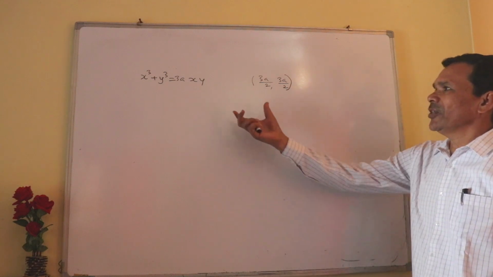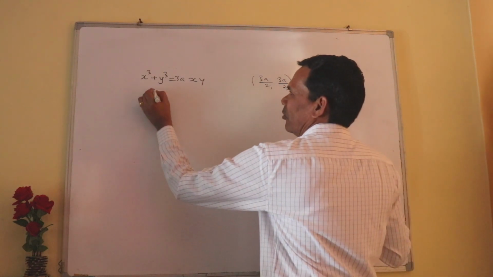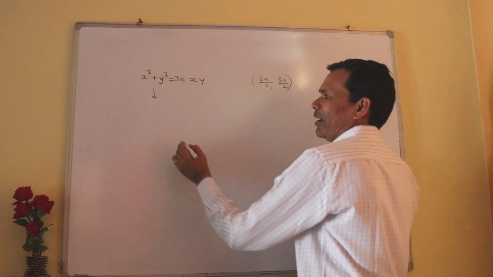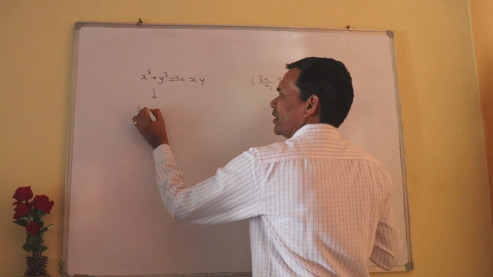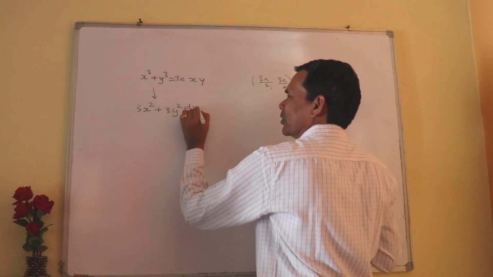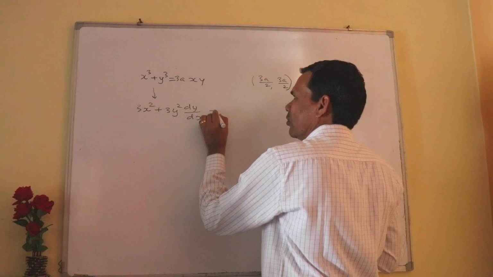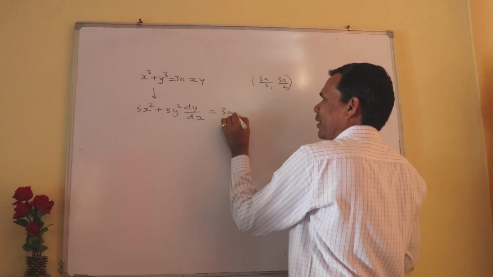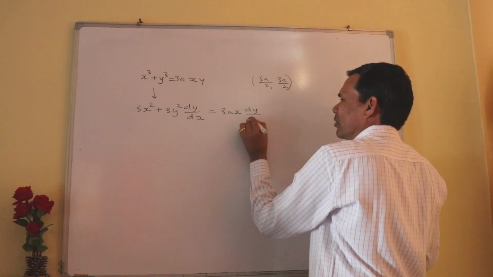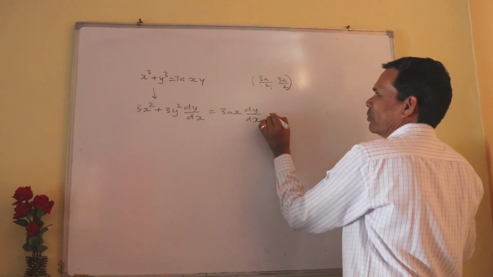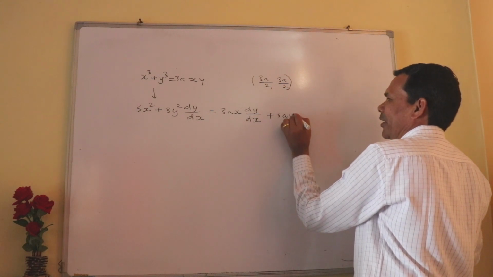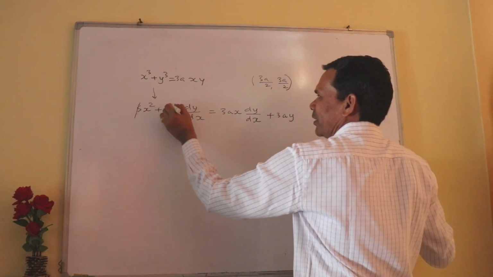For tangent, you need to find dy by dx. So we differentiate this: 3x square plus 3y square dy by dx is equal to 3 times a x into dy by dx plus 3 times a into y. You can cancel out 3 throughout.